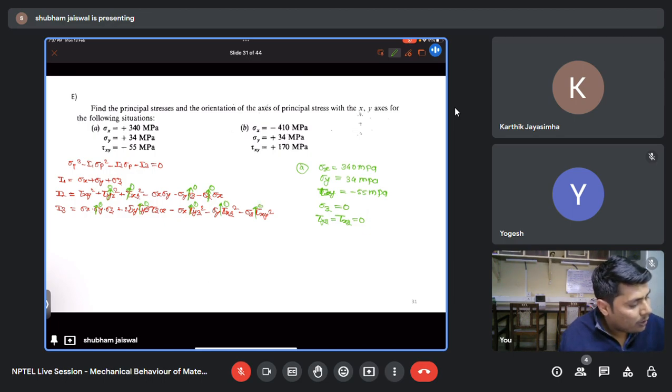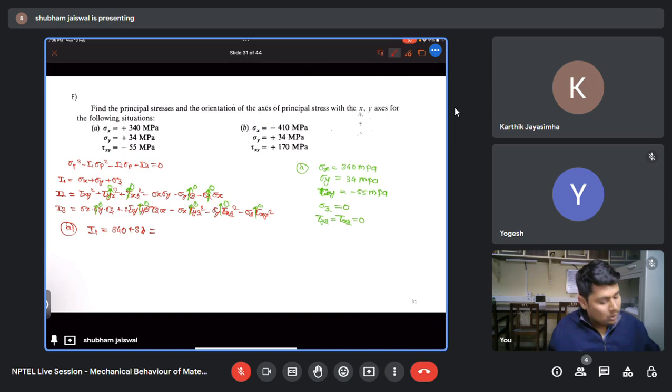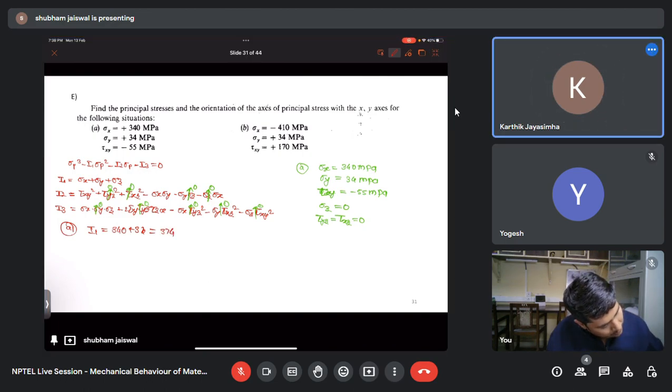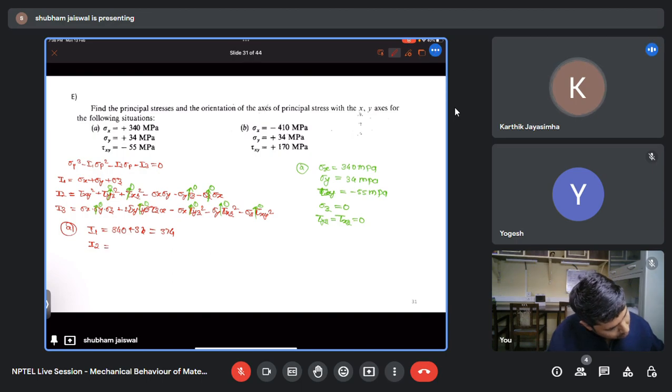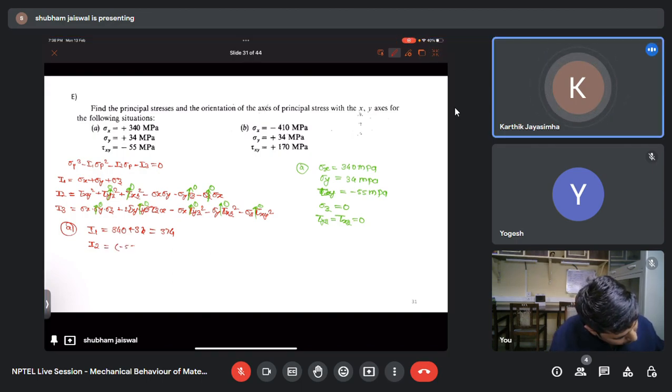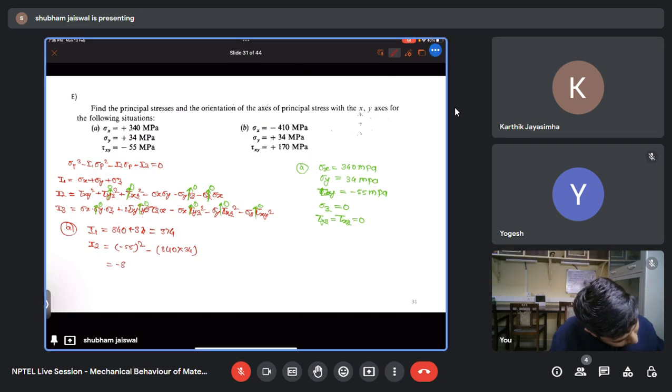Now for condition A, I1 is 34 plus 34, how much? 374. I2 is minus 55 square minus 340 into 34, that is minus 8535. This is I2, and I3 is 0.